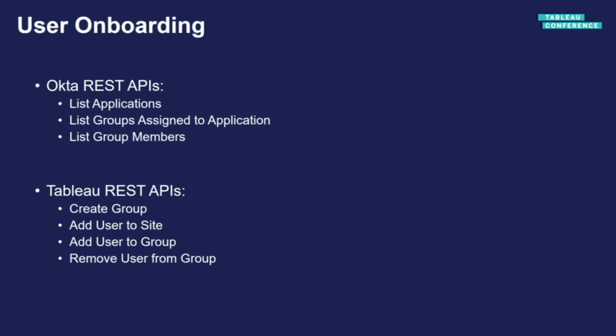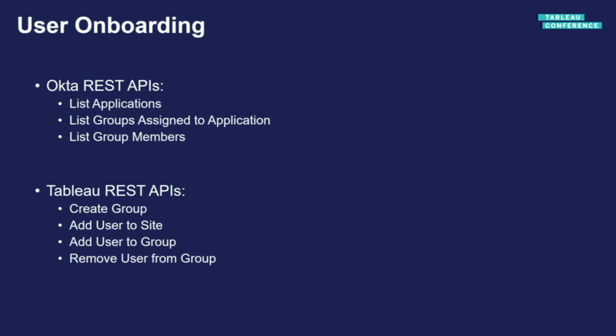Since we are reading from Okta, all these are list. And since we are writing into Tableau, it's all create, add, or remove. So you have create groups, add users to site, add users to group, and remove users from group. There is plenty of documentation on both Okta APIs as well as Tableau's REST APIs.